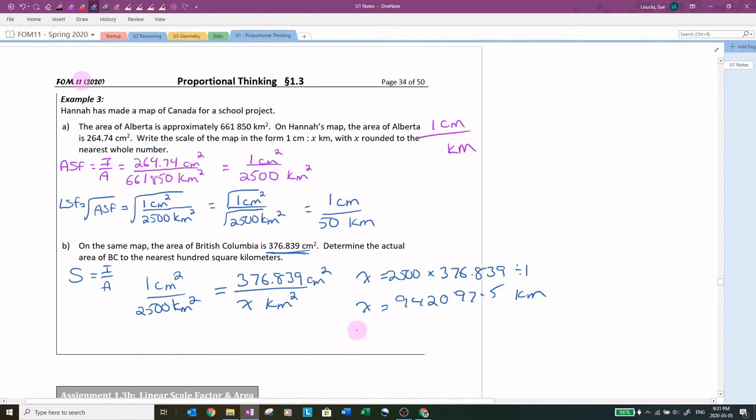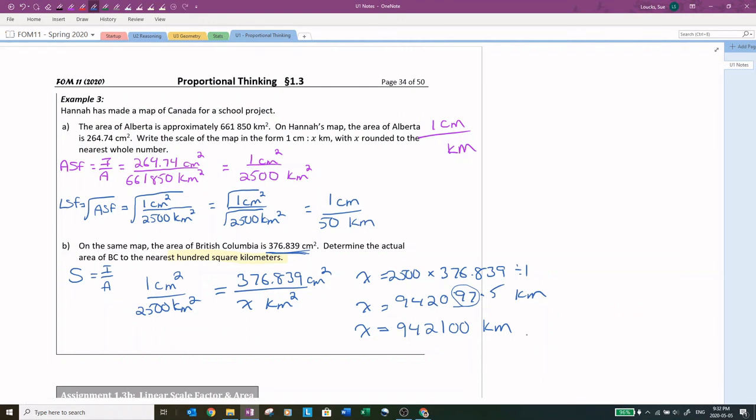And we were instructed to do this to the nearest 100 square kilometers, which I forgot to highlight. And so to the nearest 100, the 97 rounds up to 1. So this is going to be 942,100 kilometers squared. Okay? Clear as mud, right?